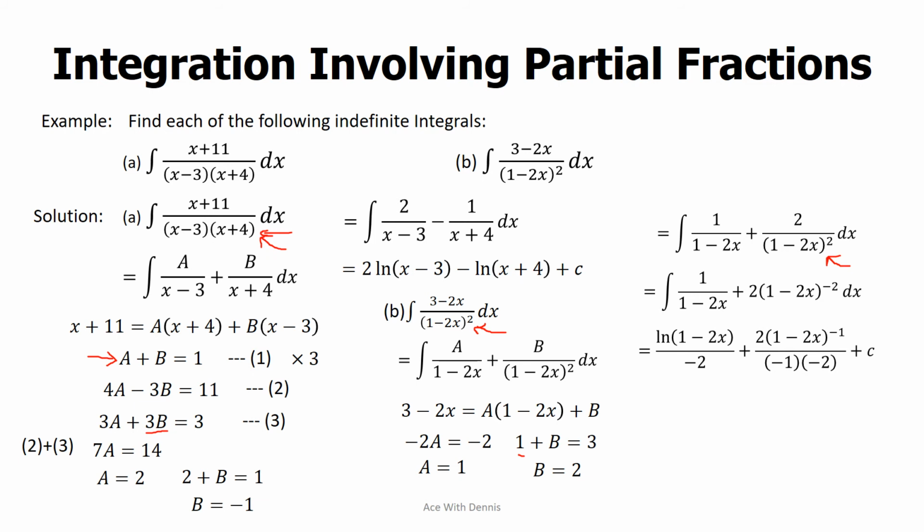And it is ln(1 minus 2x) over negative 2 plus 2 times (1 minus 2x) to the power of negative 1 over negative 1 times negative 2, plus c. And rewrite and simplify, we get negative half ln(1 minus 2x) plus 1 over (1 minus 2x) plus c.